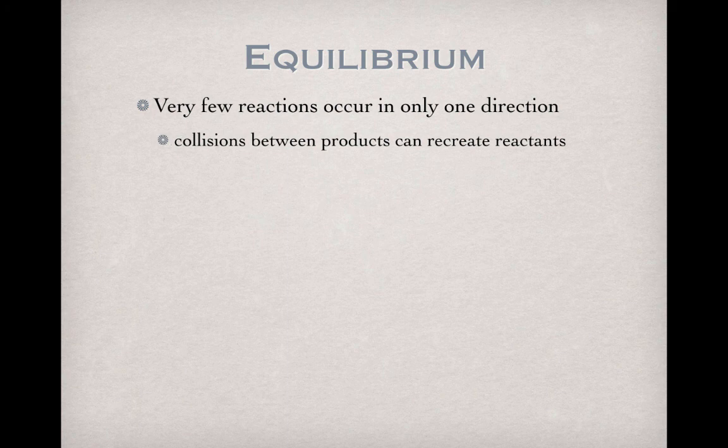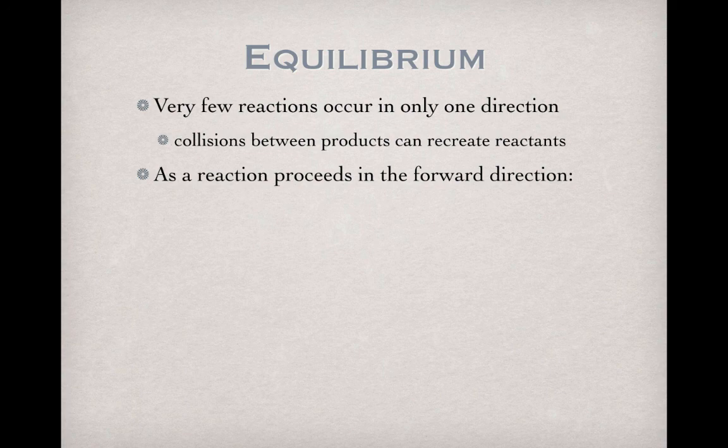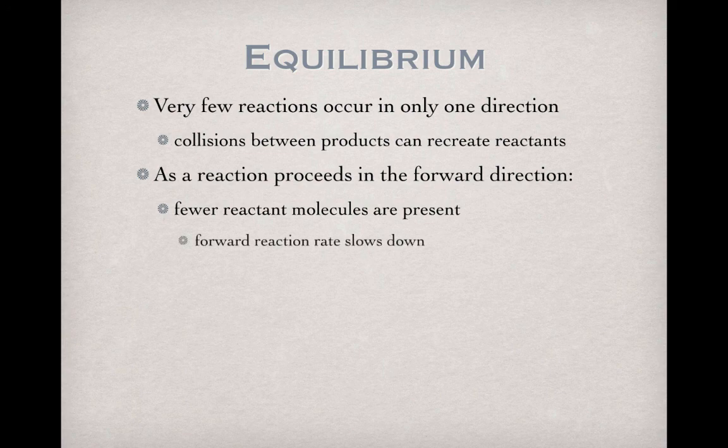What we can also see is collisions between product molecules that can recreate reactants, and so products re-react and form reactants all over again. So as a reaction moves in the forward direction, what happens? If we start with just reactants and move a reaction in the forward direction, those reactants react, forming products, and as a result we have fewer reactant molecules present, and so as we've seen, that forward reaction rate slows down.